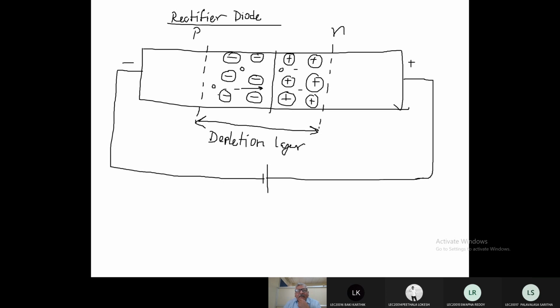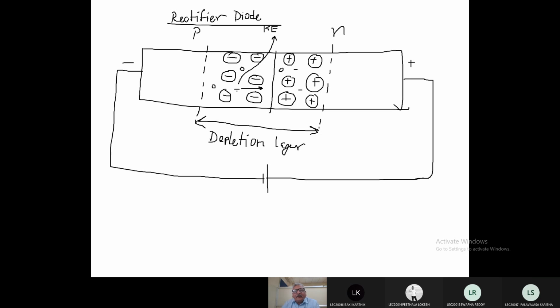Now what will happen when it moves in this region? While moving, it will gain a high kinetic energy, right? Due to the movement, it will gain some energy, and that energy will be kinetic energy.